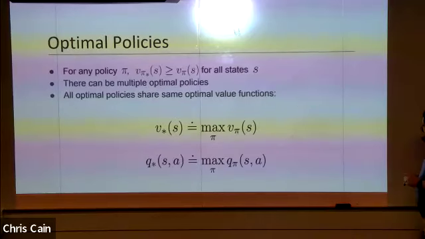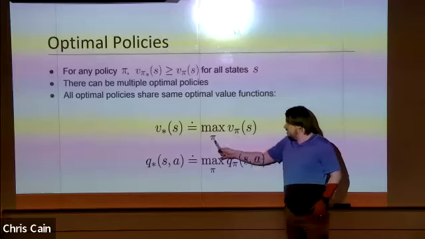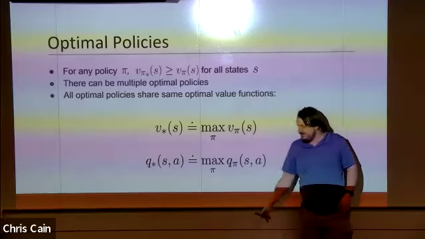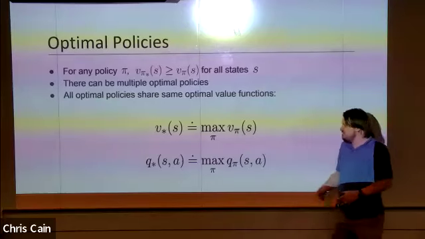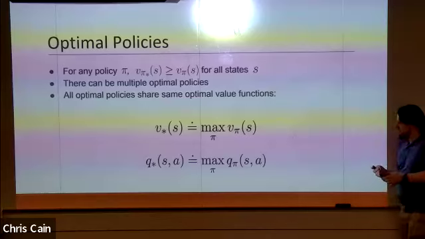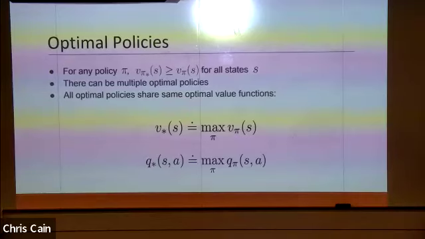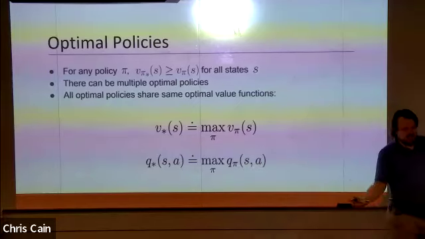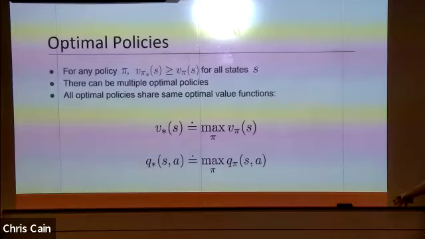So the value of a state is just the maximum over a policy of the values that any policy could make from that state. Same for action values. If we're in a state and choose an action, we're just going to choose over all possible policies whatever the maximum value of that state action pair is. So we're going to define an optimal policy in terms of, for all of the infinite policies that you could create, whichever one creates the best possible value for the starting state is the best policy.